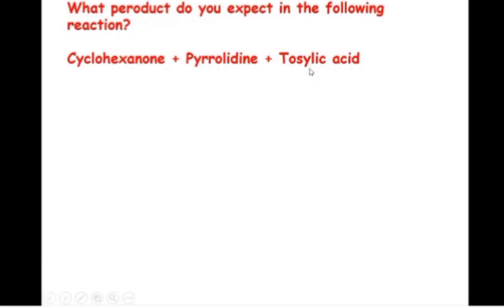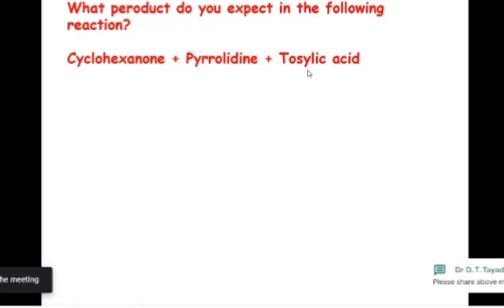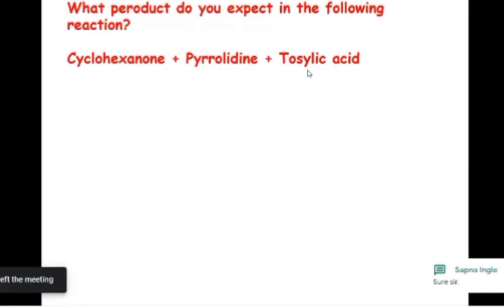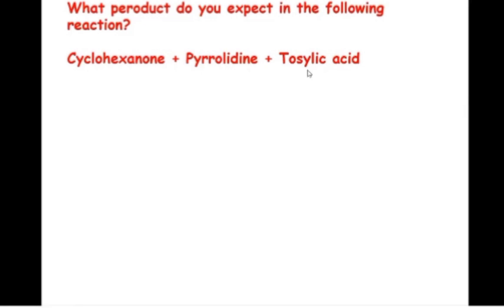See, this terminology tosylic acid, I think the student community may have seen it for the first time. Tosylic acid is nothing but para-toluene sulfonic acid, just a somewhat different nomenclature system: tosylic acid, para-toluene sulfonic acid or 4-methyl benzene sulfonic acid. The same thing, cyclohexanone, pyrrolidine.